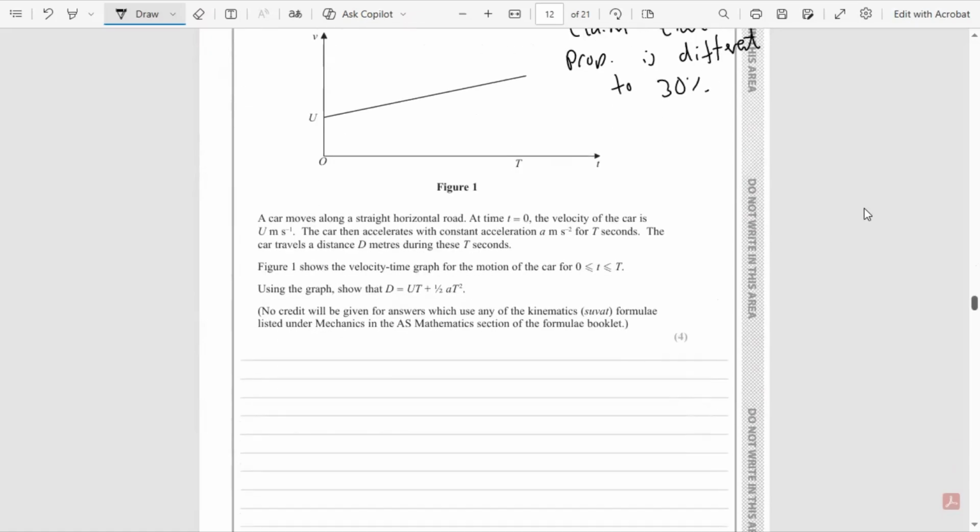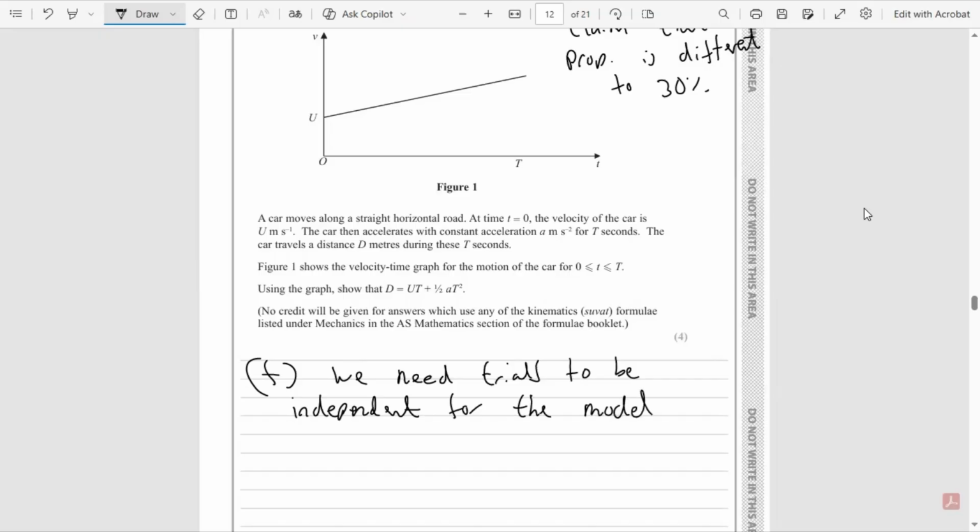I'm going to write this down here in this part of the question. What we can say here is that we need trials to be independent for the model, binomial 20 trials, 0.3 success rate, to hold.